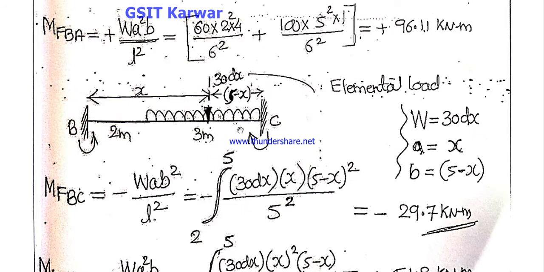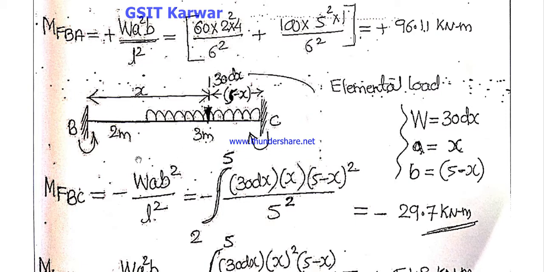For applying integration, we take 30 dx for converting to an elemental load. This distance we consider x, and this is 5 minus x, because we don't know the exact point where it will act. So the total distance is 5 meter minus x.